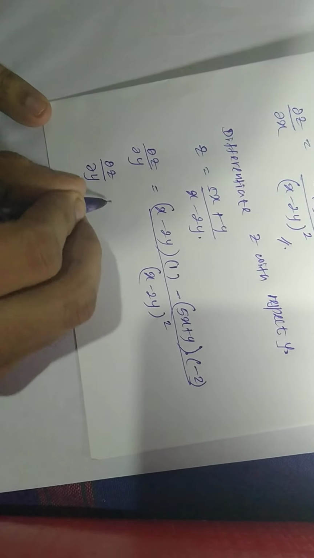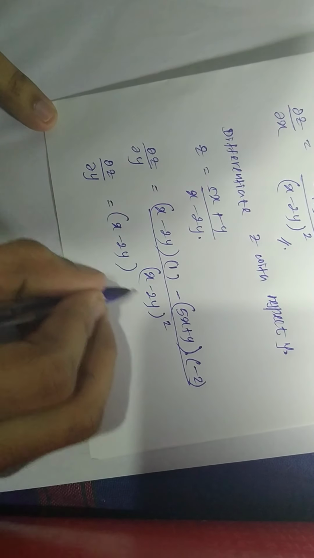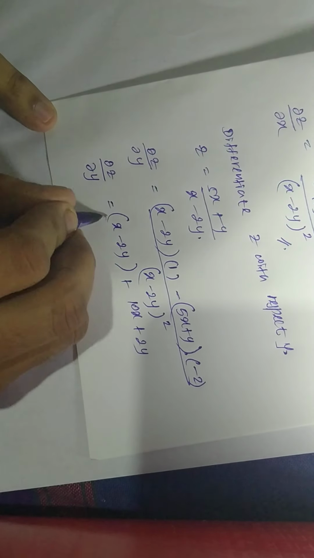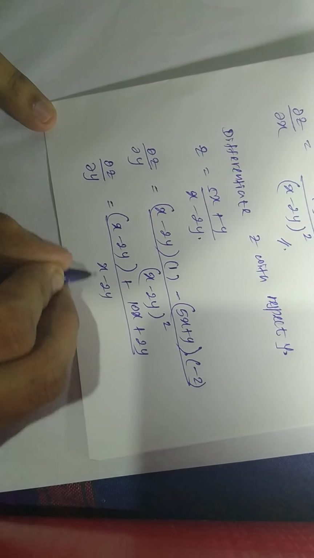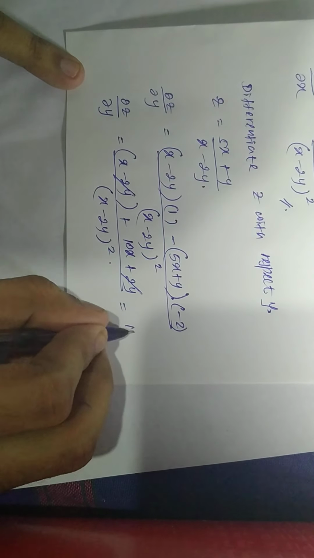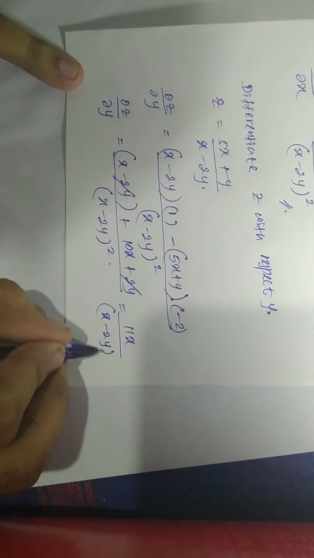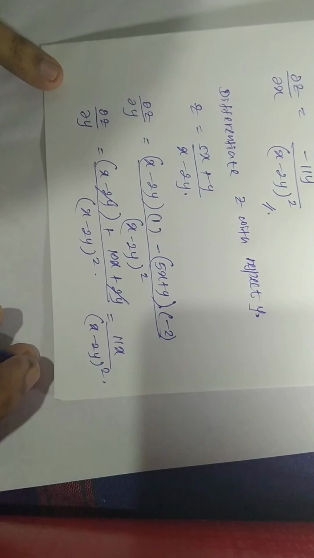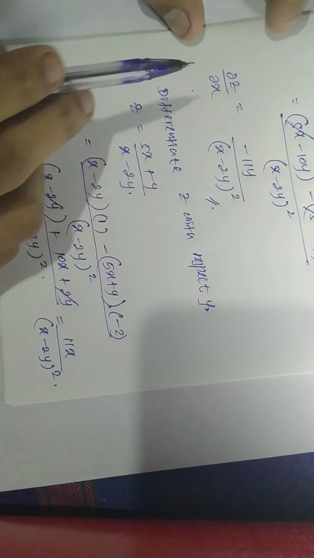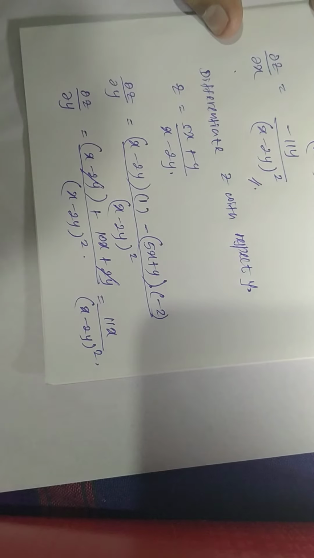That is 5x minus 10y plus 10x plus 10y, divided by (x minus 2y) squared, which gives 15x divided by (x minus 2y) squared. This is dou z by dou x and this is dou z by dou y.